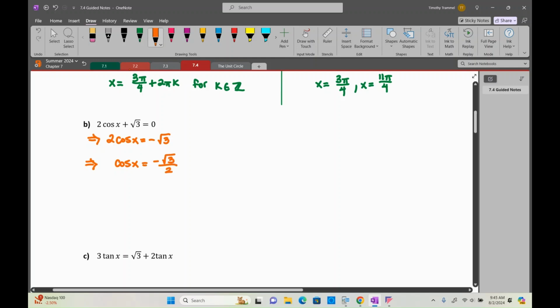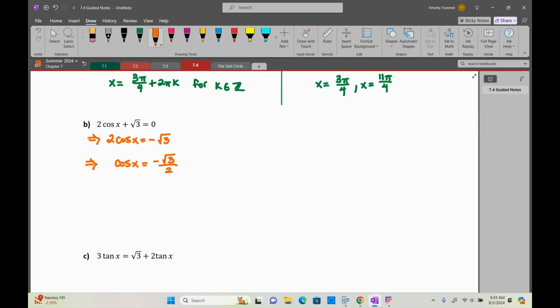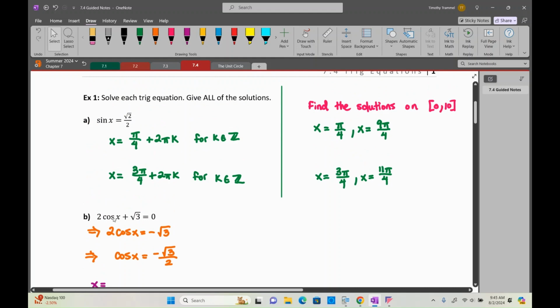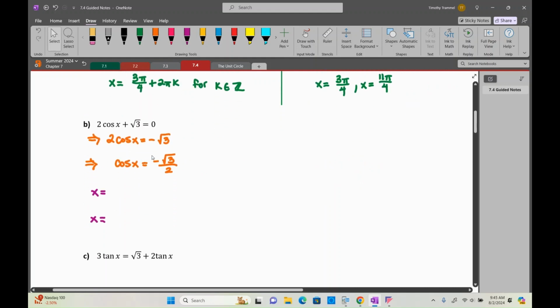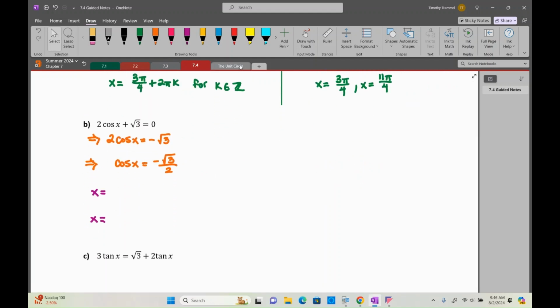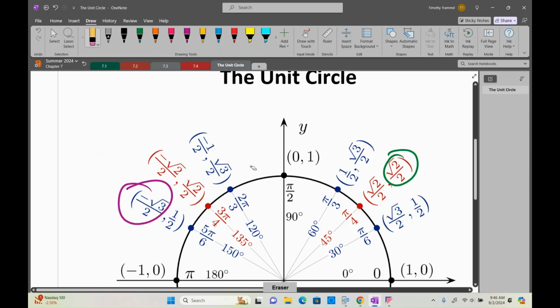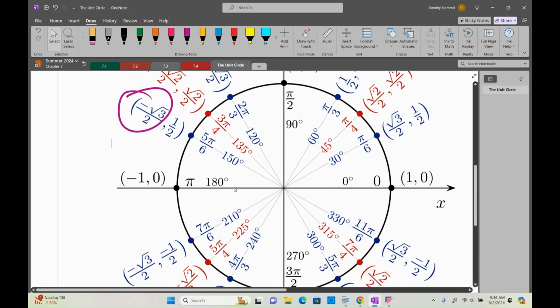There we go. And so now I just need to find on the unit circle where this happens. Okay. Let's do that. Okay, and we're probably going to find 2 spots again. Okay. Sometimes there is only 1. Okay. But most of the time there's going to be 2 when we're talking about sine and cosine here. So let's go find minus root 3 over 2 for the x value. So right here is one of them.